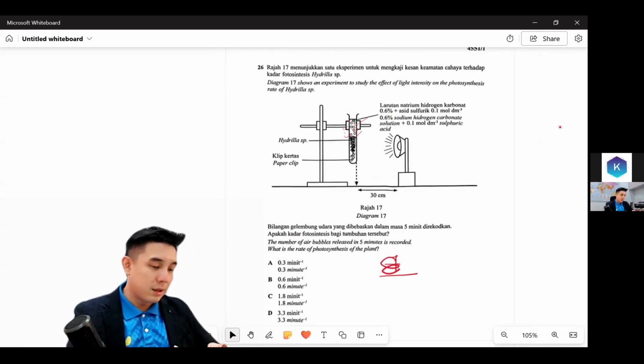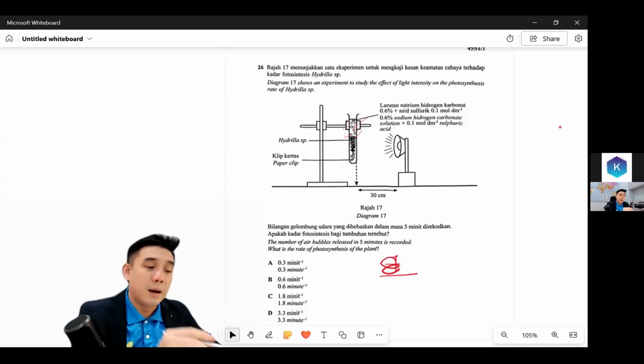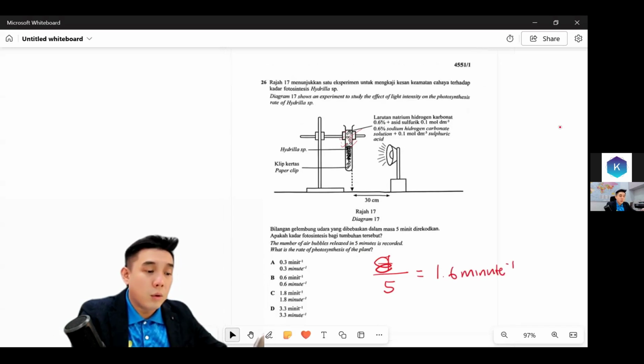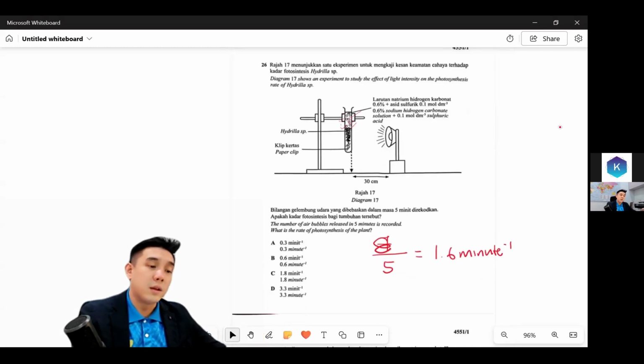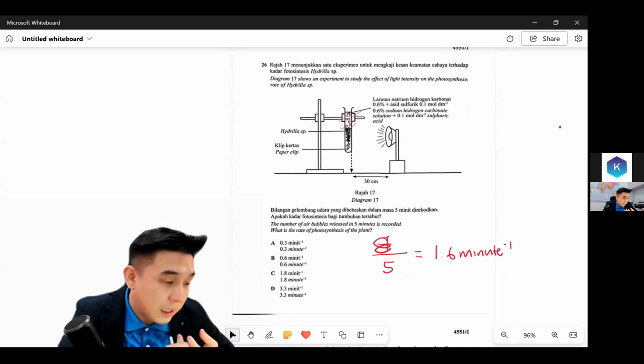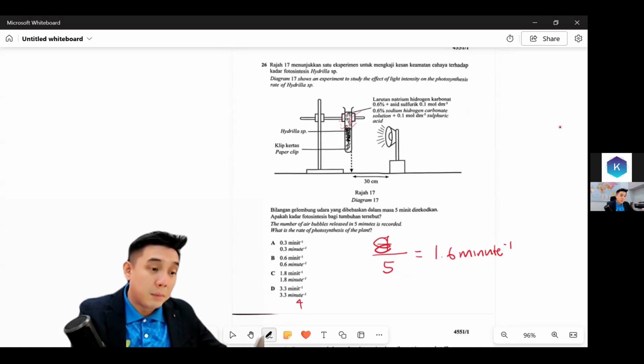So you should get 8 divided by 5, which is 1.6 per minute. But there's no such answer. Photosynthesis rate is how many bubbles per minute. You see, even here they are maintaining per minute, and the time that they use is 5 minutes.